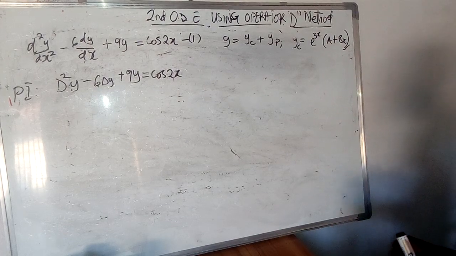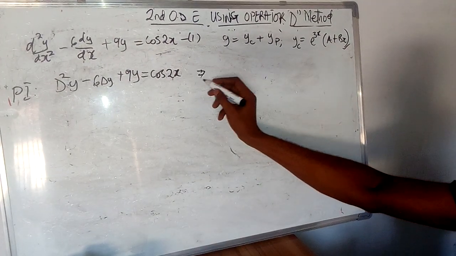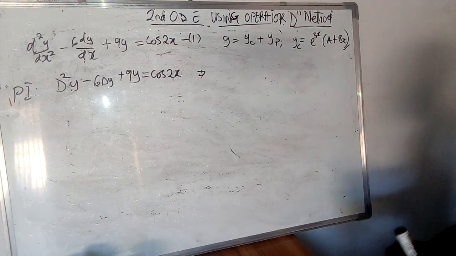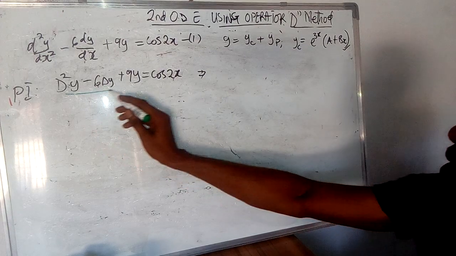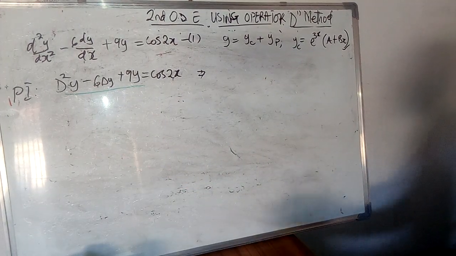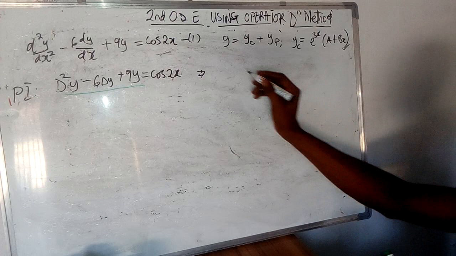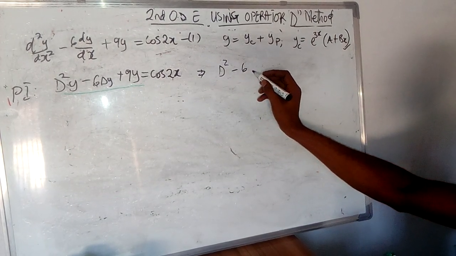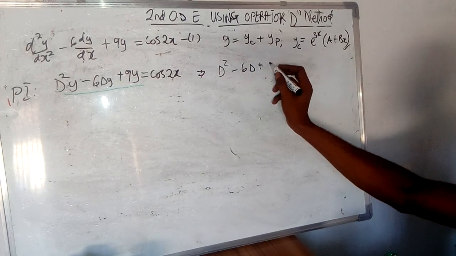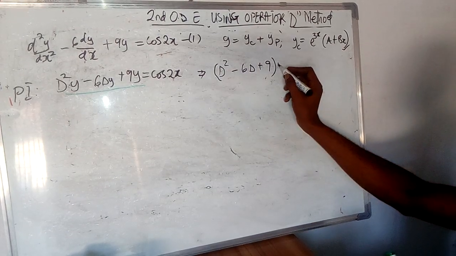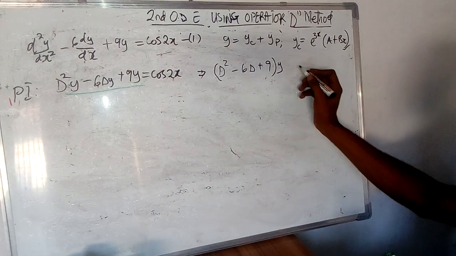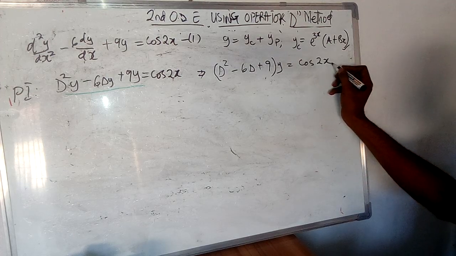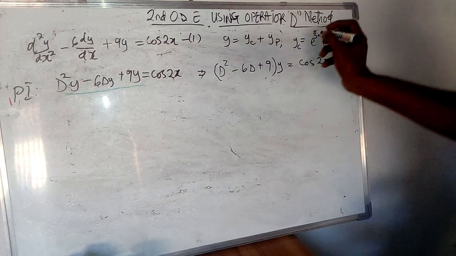If we factorize this side now, we will have D squared minus 6D plus 9, y is common there. That will give us cos 2x, as was there in the question originally.